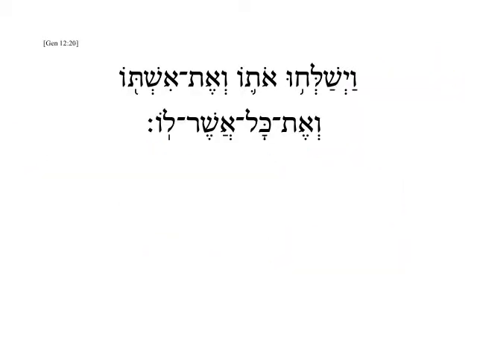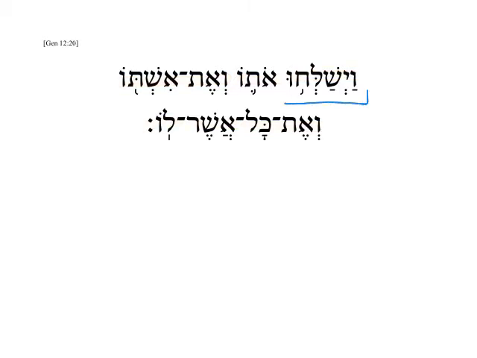Here's an example from Genesis chapter 12. Vayashalachu oto va'et ishto va'et kol asher lo. And they sent him and his wife and all which was his.